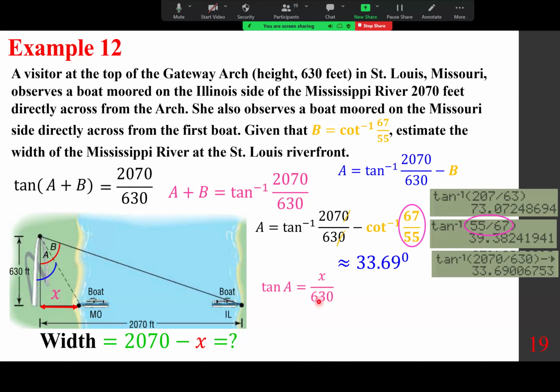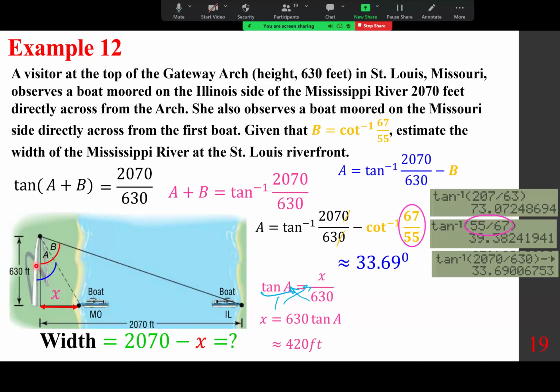Therefore, x is the product of these two. It's the cross product, everybody. This is equal to that. So 630 tan A, and it's 420 feet.